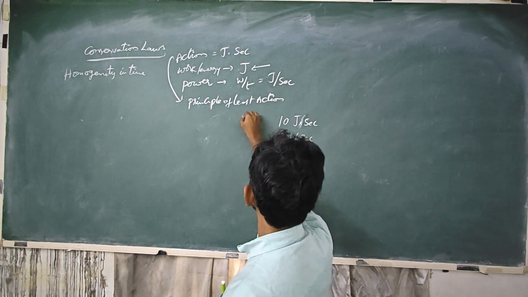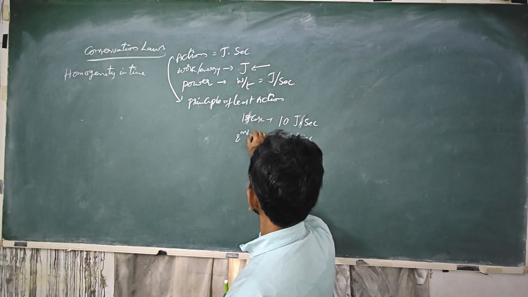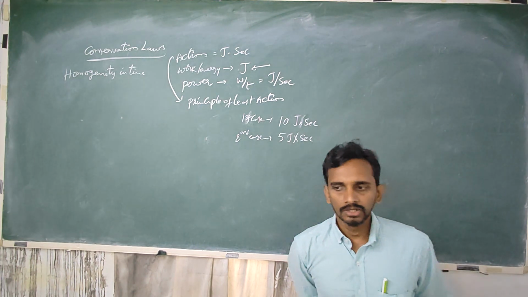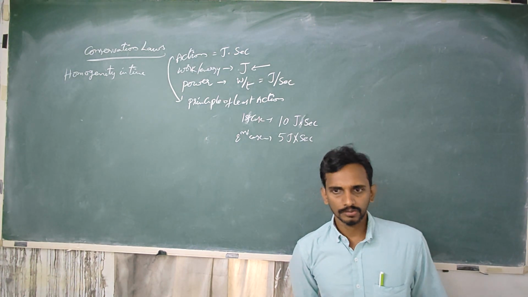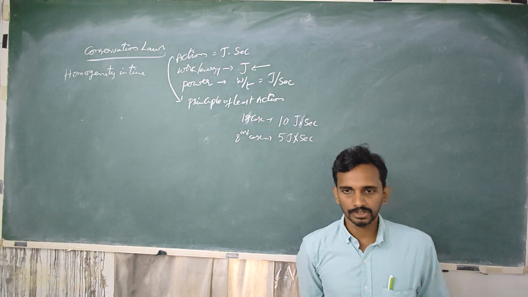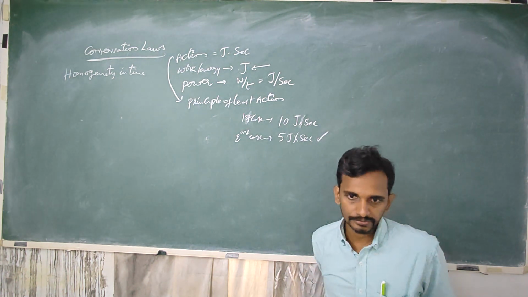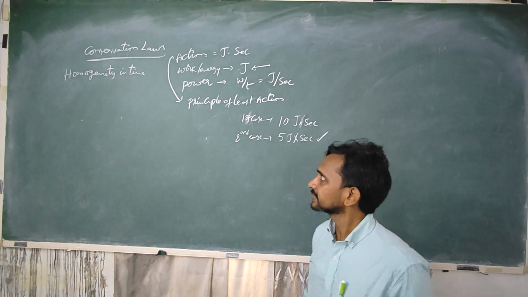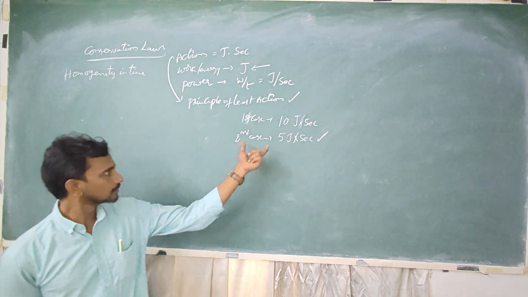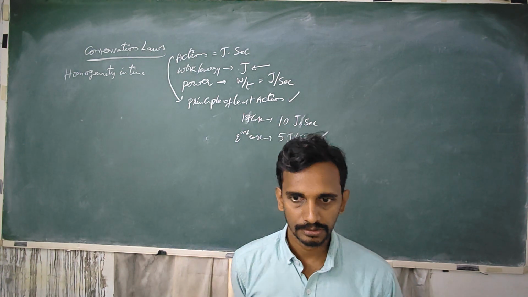So case 1 is 10 joule seconds. In the second case, it is 5 joule seconds. That is the total action. So which one do you prefer? Let's say somebody takes 10 minutes for the job and somebody else takes 5 minutes. We prefer this one. Right? So in any activity, the principle of least action says action must be minimum. That is the best choice.